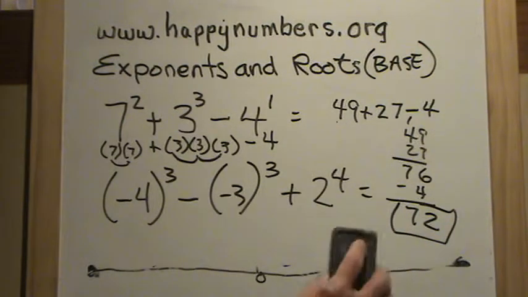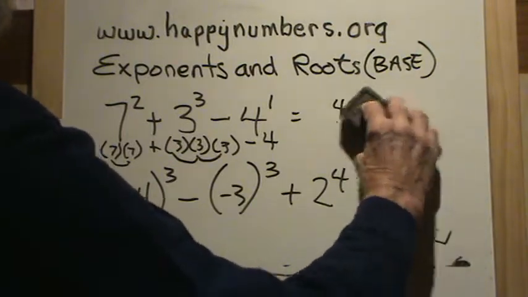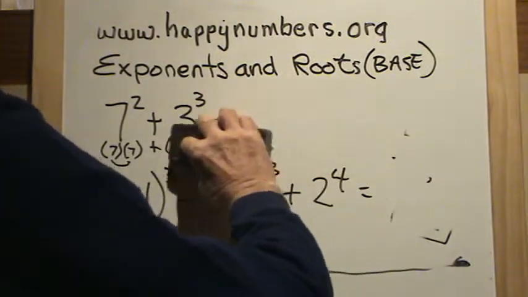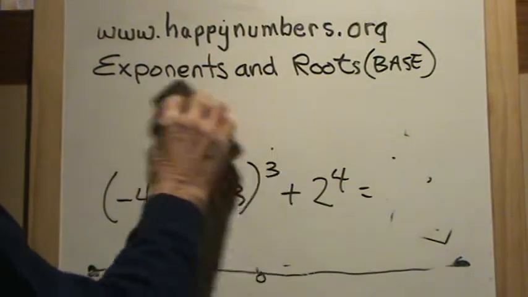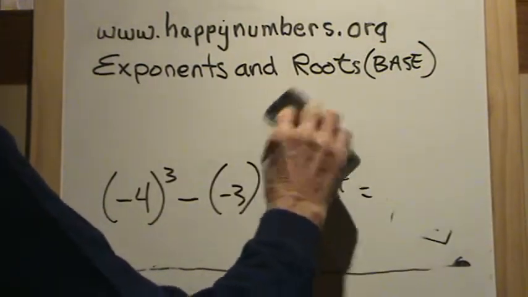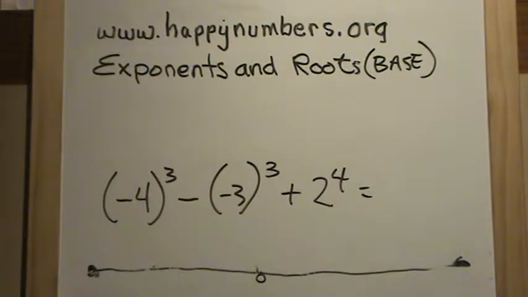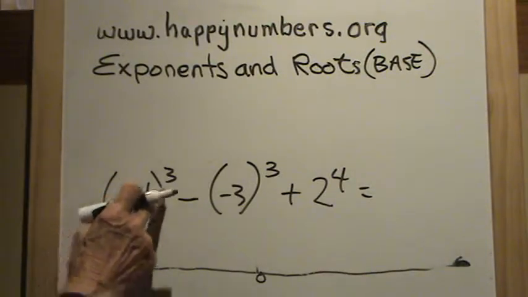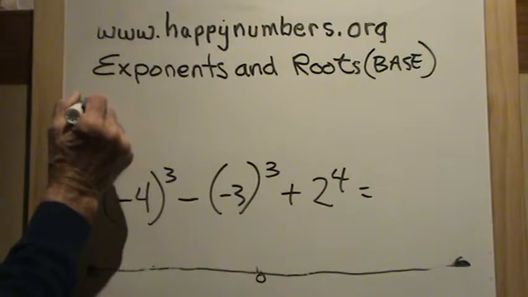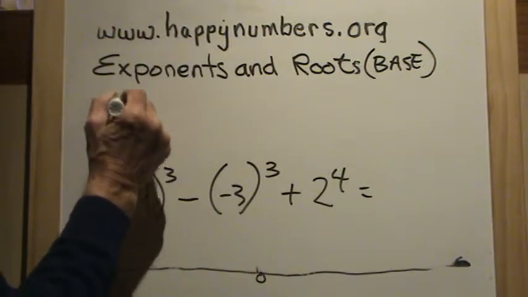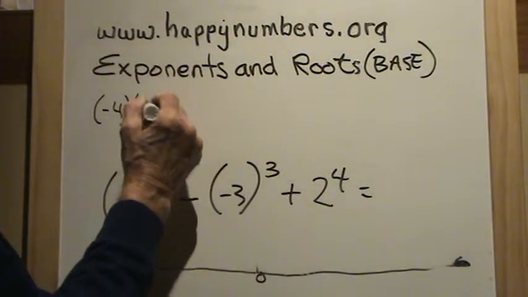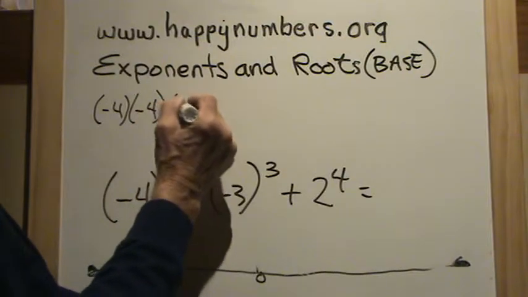Okay, let's try the next one. In fact, I'm going to erase this to give us some room to work. Negative 4 to the third power, I'll do it up here, is negative 4 times negative 4 times negative 4.